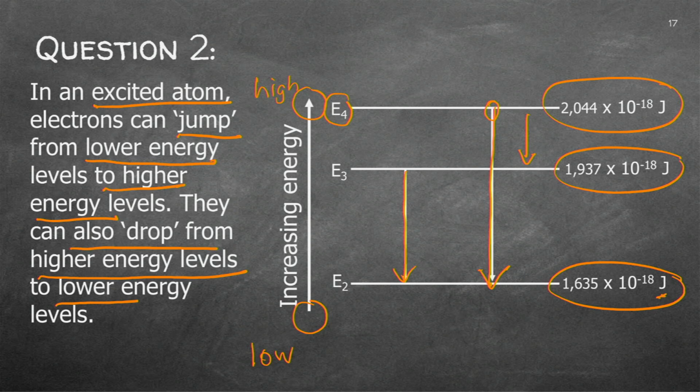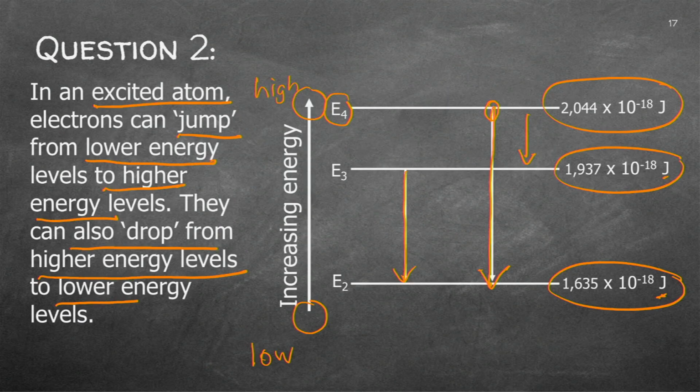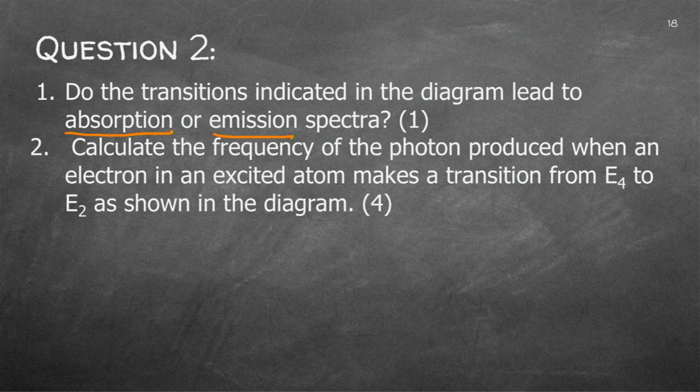And you can see it's in joules. Right, what's the question? They asked me to say, do the transitions indicated in the diagram lead to an absorption or an emission spectrum? Now, what we see here is that when it's dropping down, it will emit light. Therefore, the answer will be an emission spectrum.